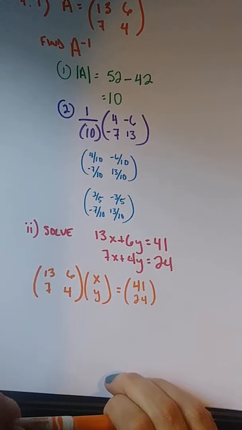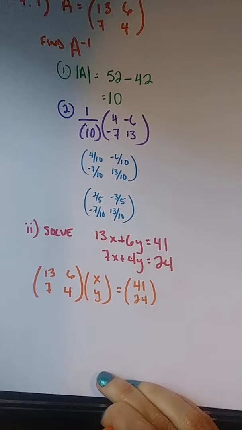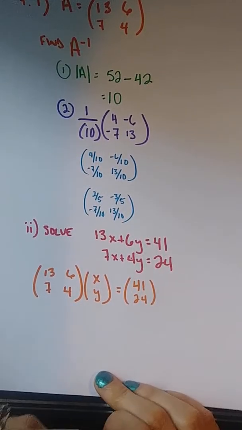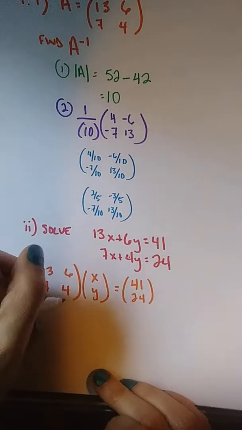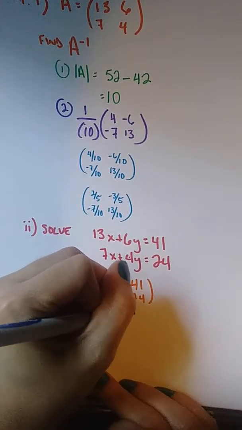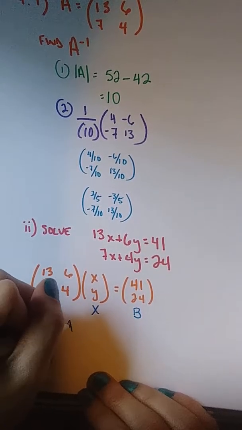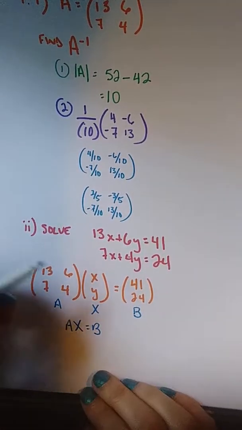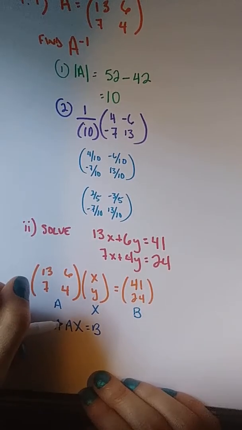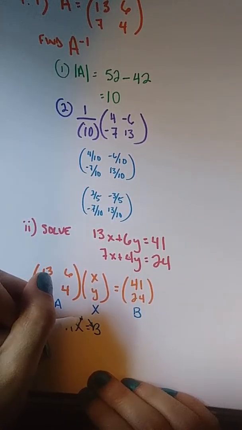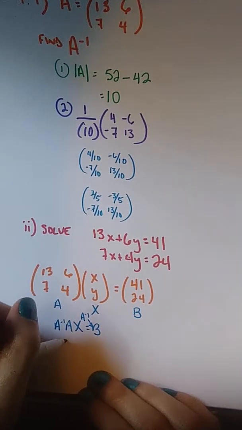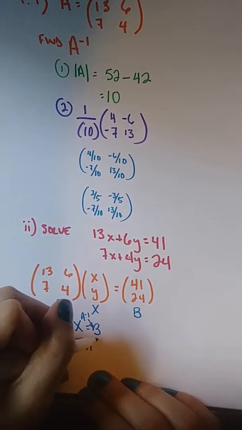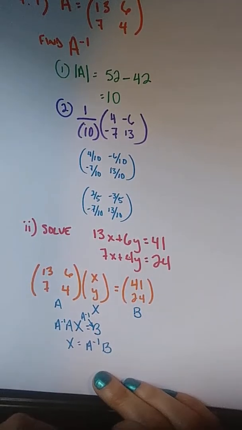Now, we can name these matrices if we want to and see what would happen here. So if this is matrix A, x, and b, I know that Ax equals b. So if I want to get x by itself, I have to pre-multiply both sides here by the inverse of A. So x will be the inverse of A times b.